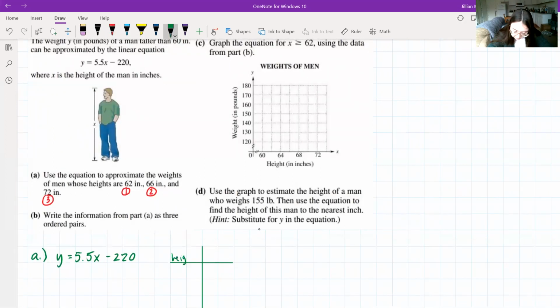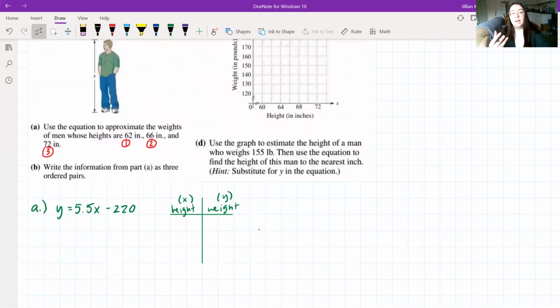So height, which is x, and weight, which is y. And the values that we're choosing are 62, 66, and 72, which correspond to 1, 2, and 3. So let's calculate these.